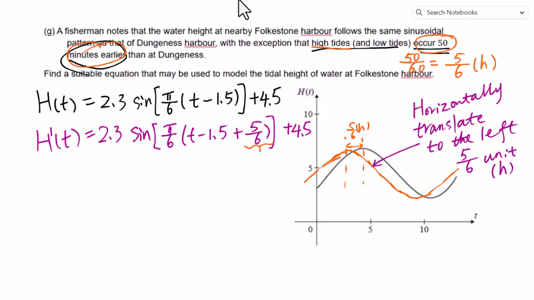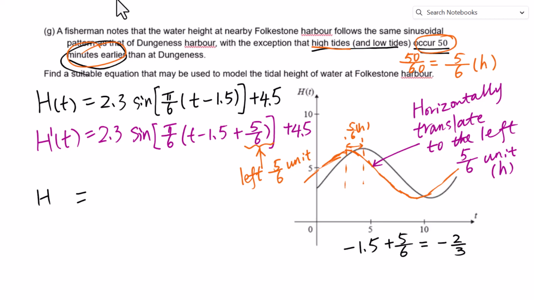This means translated left 5 over 6 unit. So final answer, h prime of t equals 2.3 sin pi over 6 times t minus 2 over 3 plus 4.5.